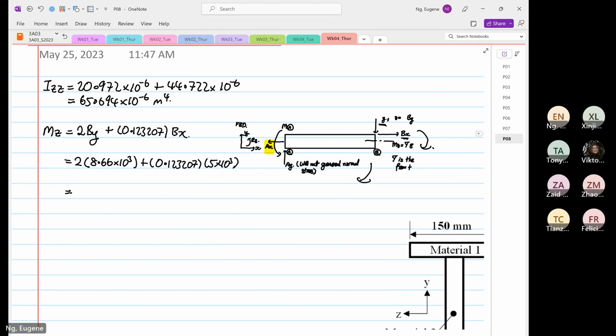Okay. So our moment, 2 times 8.66 to the power 3 plus 0.123207 times 5 to the power 3, is equal to 17.936 times 10 to the power 3 Newton meter.